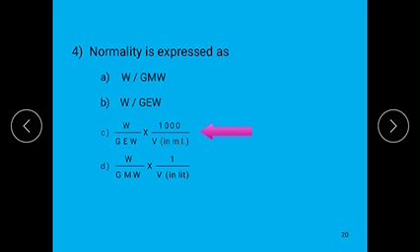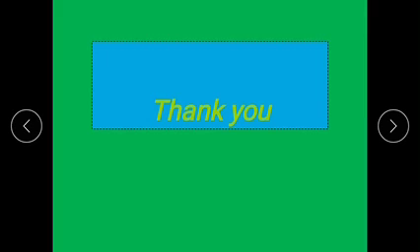When the volume is in milliliters, we take W by GEW into 1000 by V in milliliters. Okay, thank you.